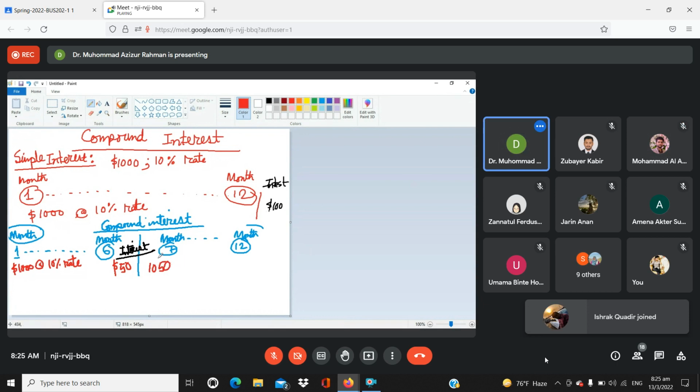So I need to calculate using this amount. The interest rate is the same, 10% annually. So what will be your interest after 12 months?